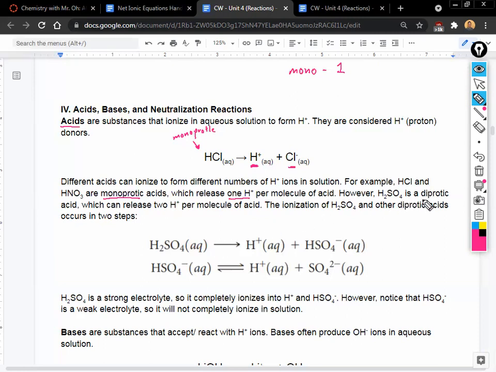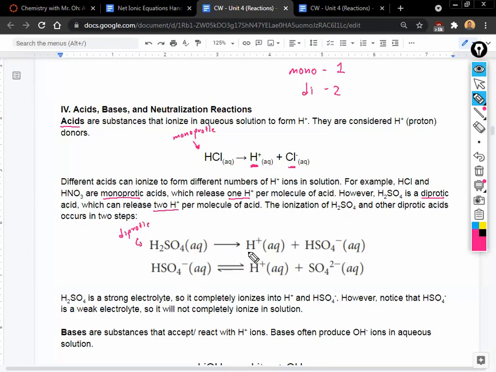Another type would be a diprotic acid. Di means two, and so they can release two H pluses, right? The naming is so creative, isn't it? Okay, monoprotic releases one H plus. Diprotic can release two. An example of a diprotic would be H2SO4 because it has two H's.